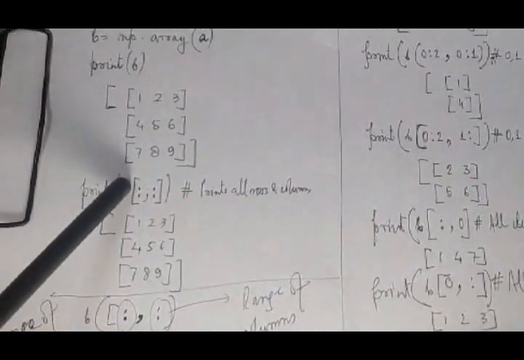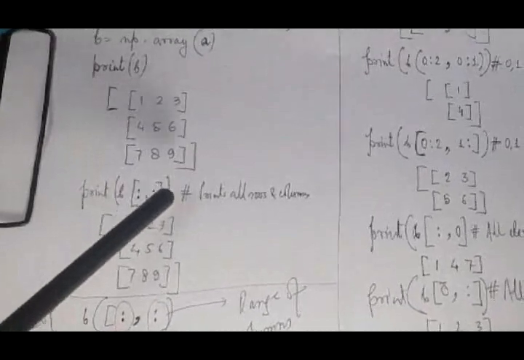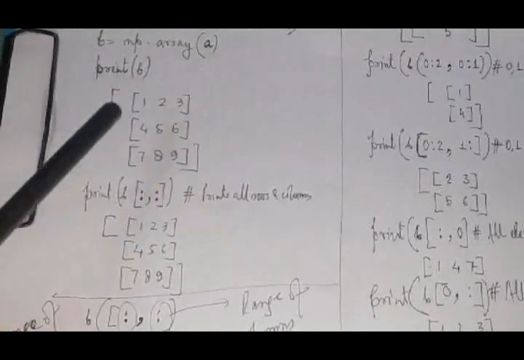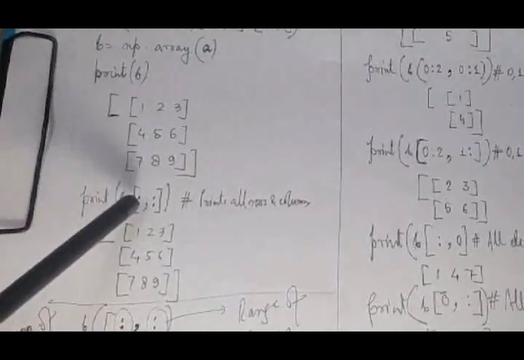Prior to the comma tells you the range of rows. Next to the comma tells you the range of columns. So it is a double dimensional array, so you are supposed to give rows and columns.